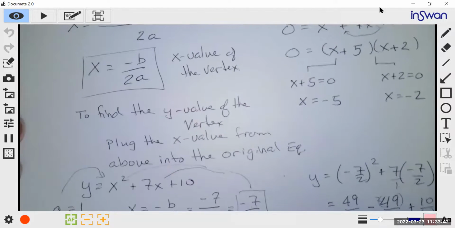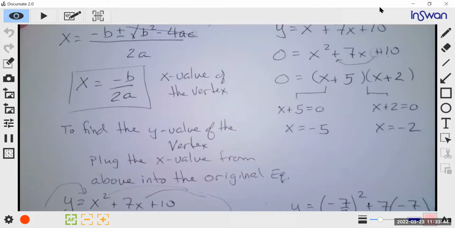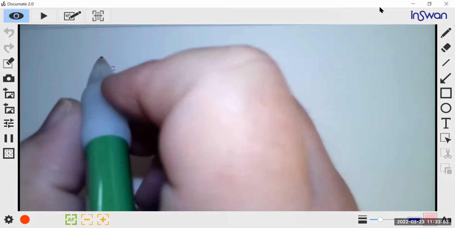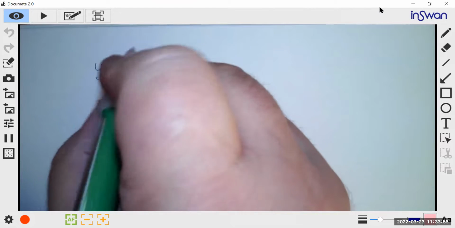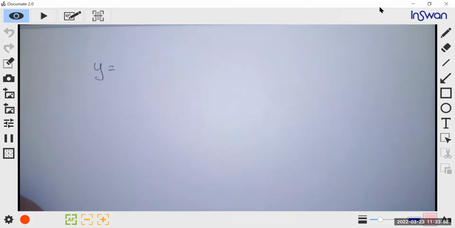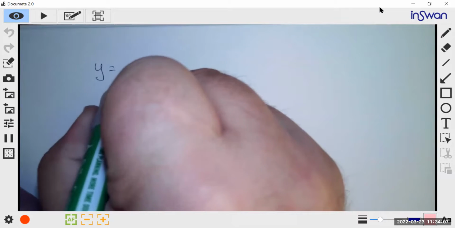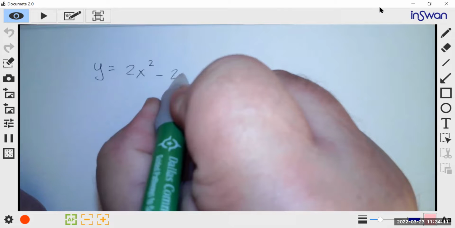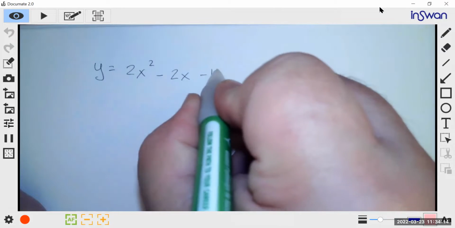Let's do another one. Let's find the same five parts on this next equation: 2x squared minus 2x minus 12.